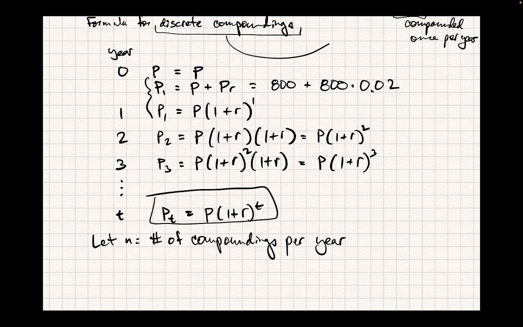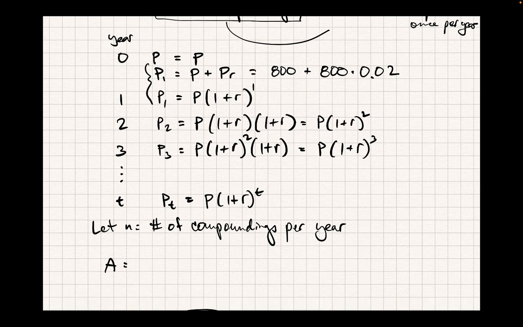Instead of P sub t, I'm just going to call this my account balance. That's P times 1 plus the rate divided by the number of compoundings per year, raised to the number of compoundings per year times the number of years.